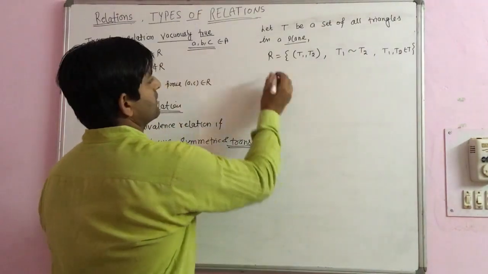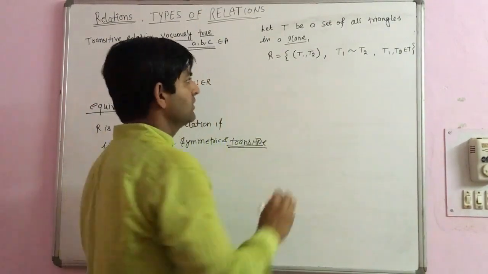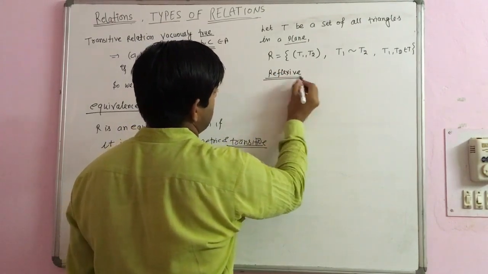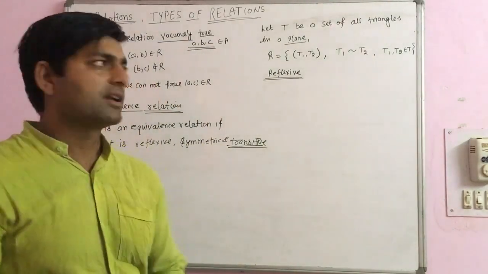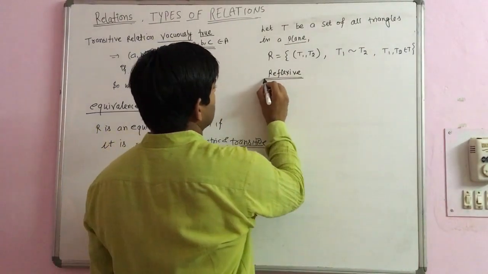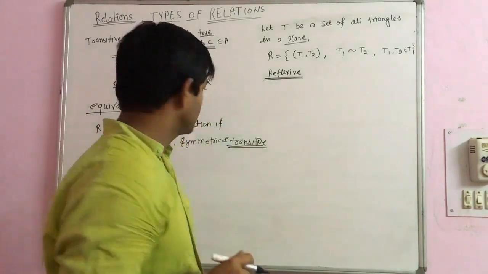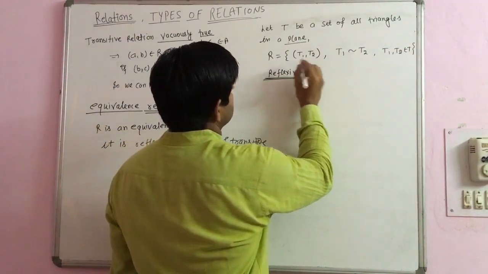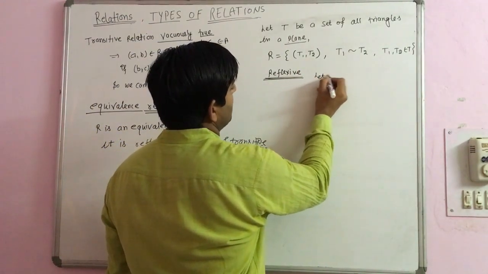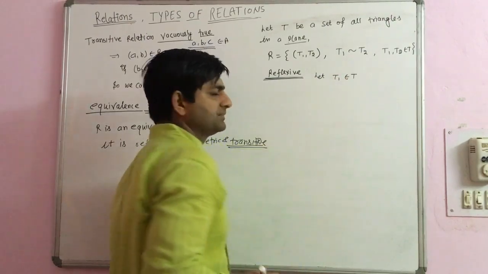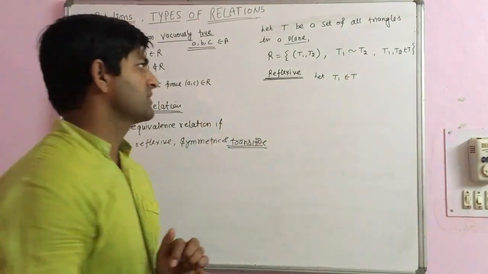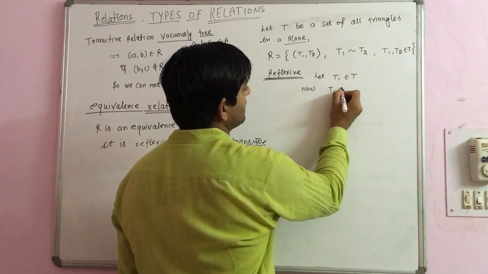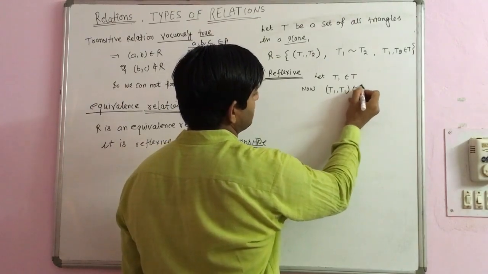So for this, first we will write reflexive. For a reflexive relation here, let a triangle T1 from T. Let us take a triangle T1 from the set T. Now, can we say that T1 is in R?